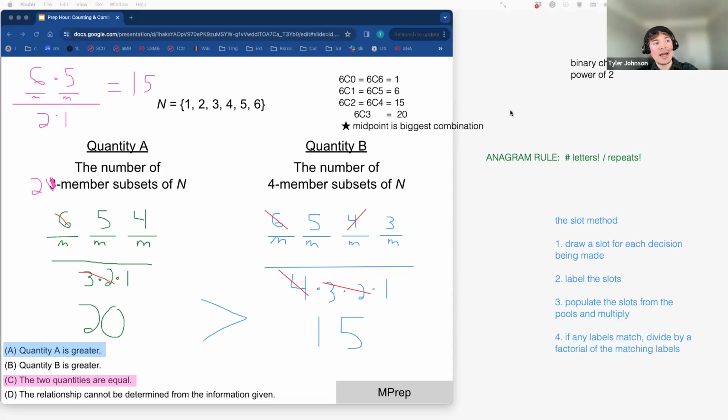So what if I had a total pool of 9? Which is bigger, 9 choose 4 or 9 choose 5?